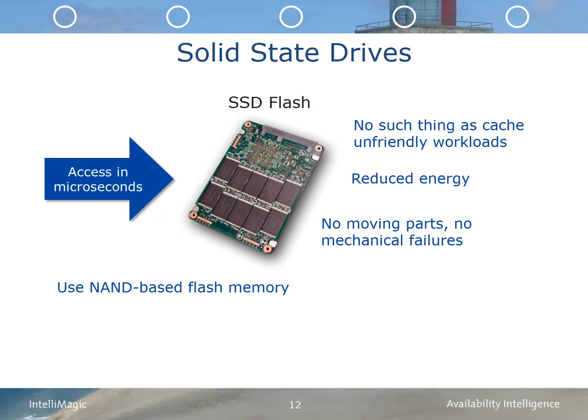There's no seek time, there's no rotational latency, and no moving parts to fail. The other thing is, because there's no mechanical movement, there's a reduced energy requirement, and the heat from these is lower. So there's no longer any such thing as a cache unfriendly workload on these types of devices.